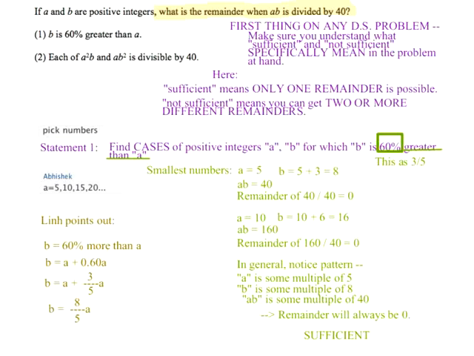Jen says, why does A have to be a multiple of 5? Well, again, this is why testing cases is your friend. In questions like this one, if you don't test specific numbers, then you have this problem where you have to immediately understand exactly why everything is the way it is.